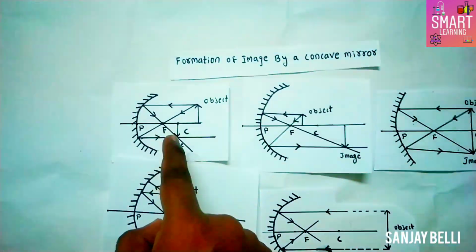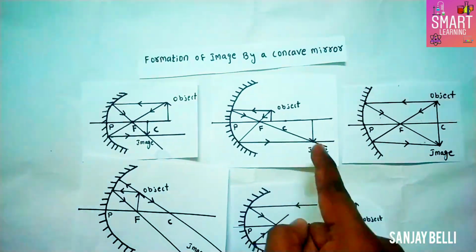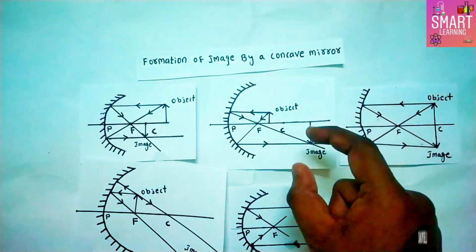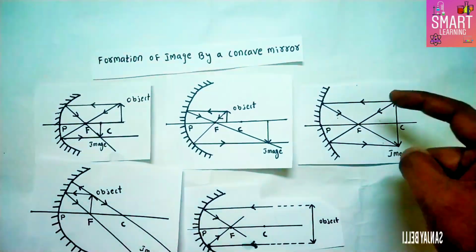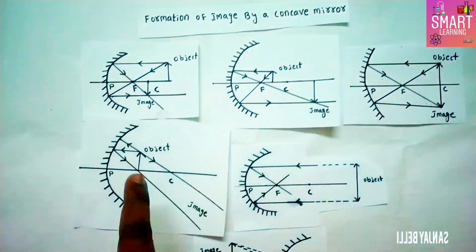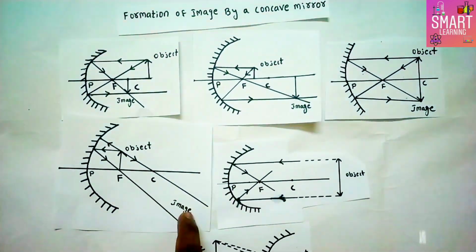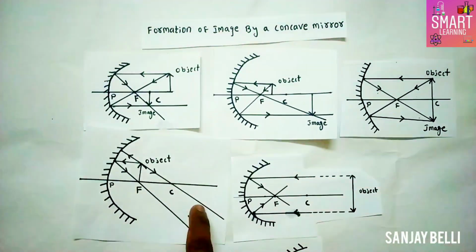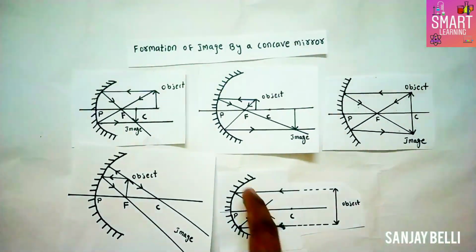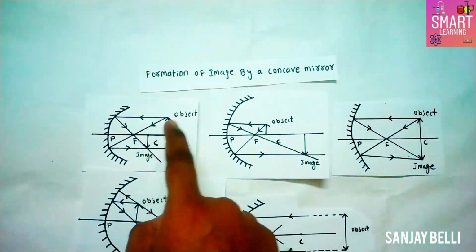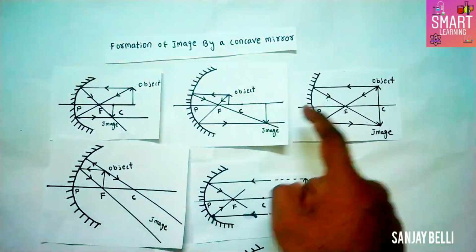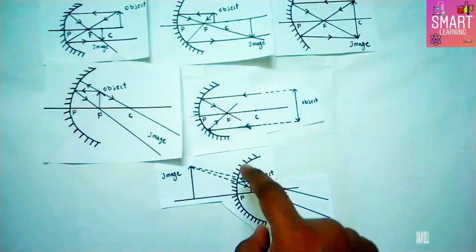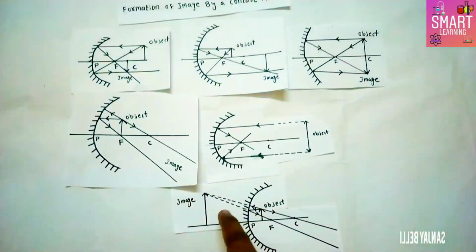Beyond C, between F and C; between F and C, beyond C. Here diminished, here enlarged. And here you see, on C, on C. Here F, infinity; infinity, F. Easy. Beyond C, between F and C; between F and C, beyond C. On C, on C. This is quite different. P and F, behind the mirror.